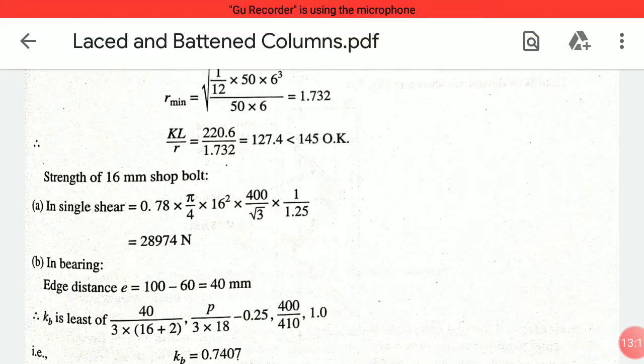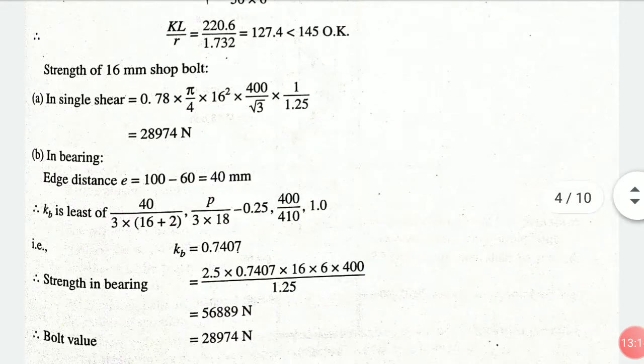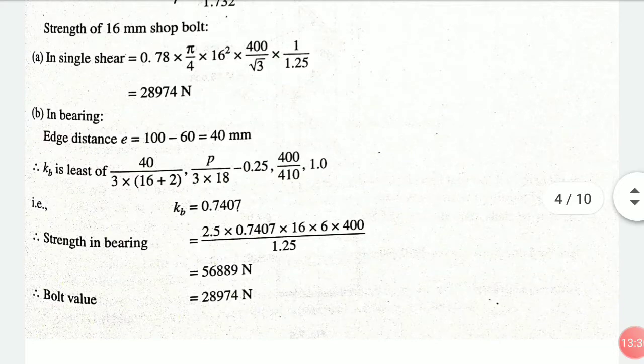Next, I am using 16 mm bolts to connect the steel flat to the channel section. So I am calculating the 16 mm bolt strength here in shear and in bearing, which you have studied in bolted connections. So the load carrying capacity of one bolt, I have got here as 28.974 kilonewton, or 28974 newton, you can say.